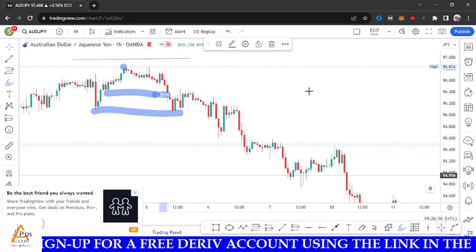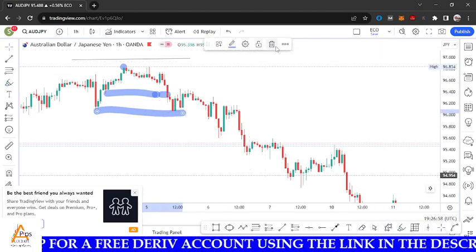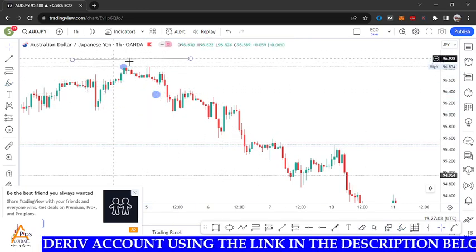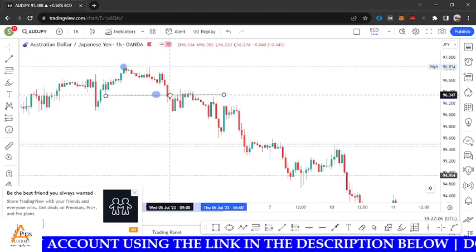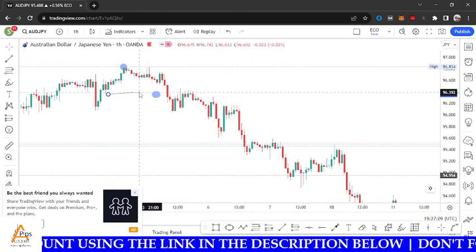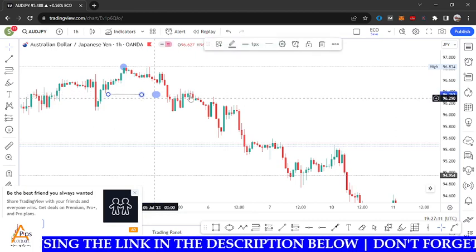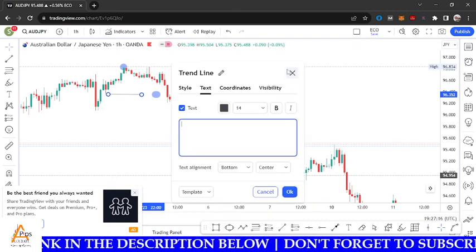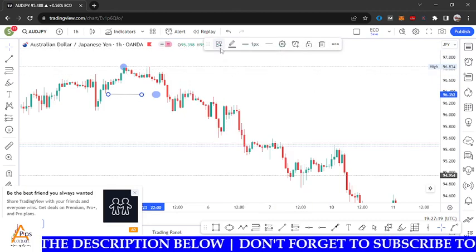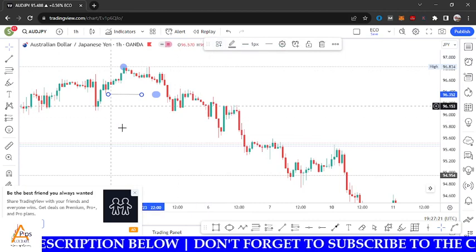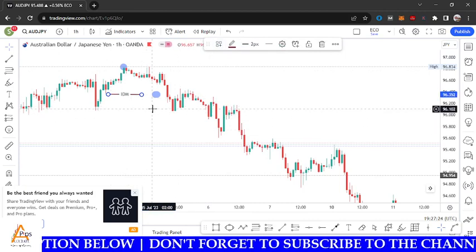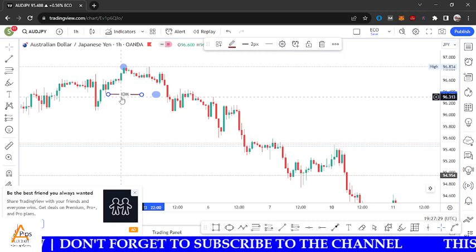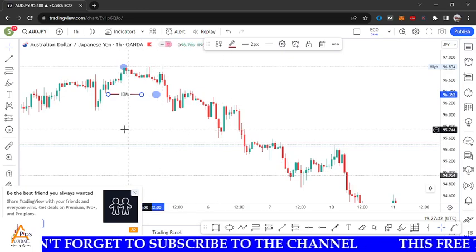Let me delete this. So our inducement here, IDM, or you can just represent it as X, because inducement is also liquidity.